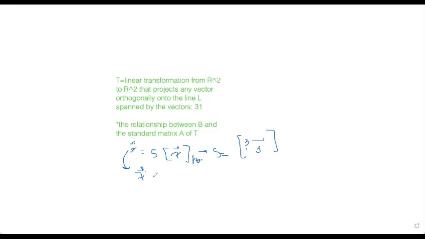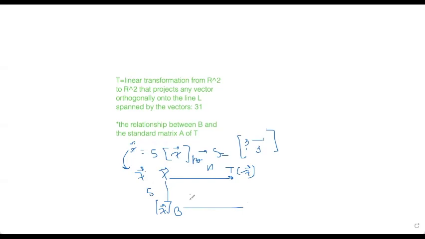In this diagram, we start out with X, and we apply A, and that's how we get to T of X. Down here, we've got the coordinate vector of X. If we apply S, we get X, right?